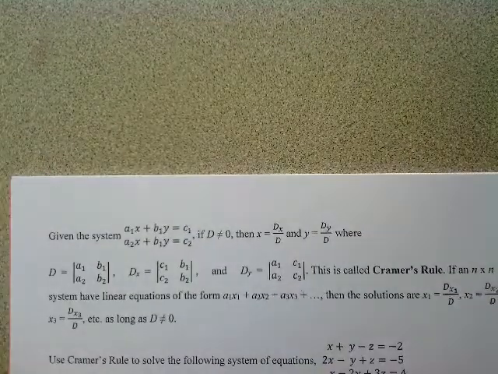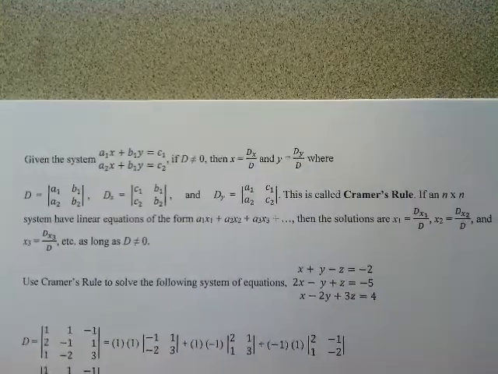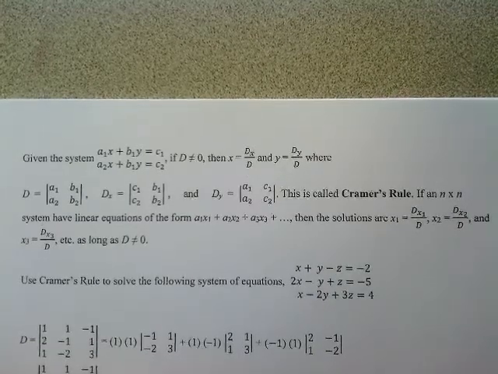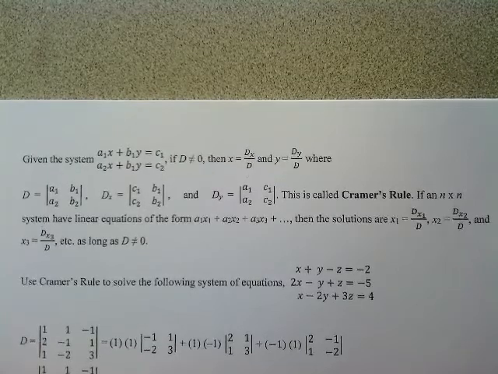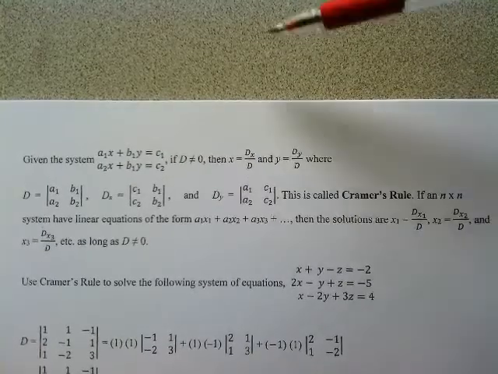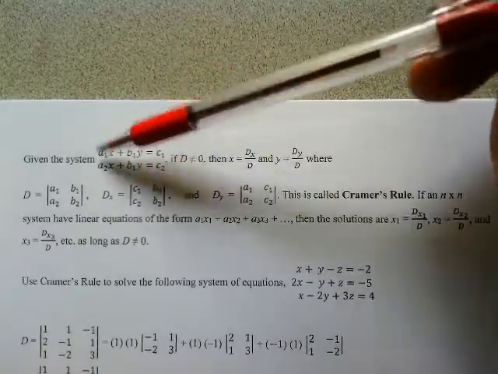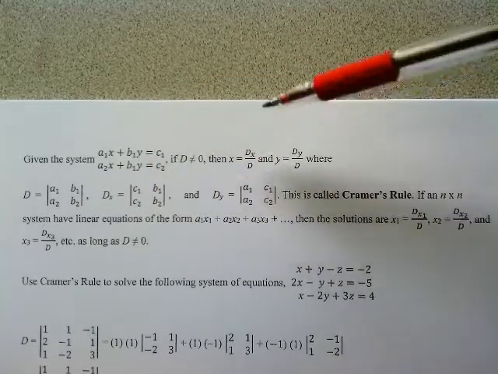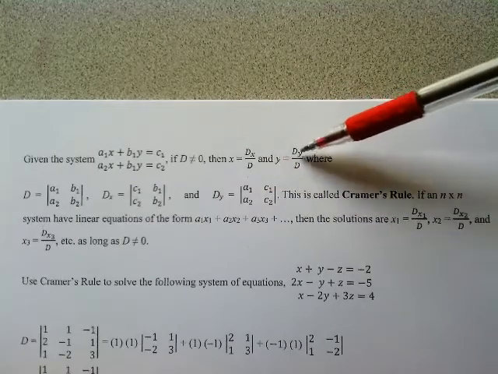Now, this leads us to another way of solving systems of equations, and it is called Cramer's Rule. For the two equations and two unknowns case, basically the way it works is when we have a system set up like this, then x will equal dx over d, and y will equal dy over d.